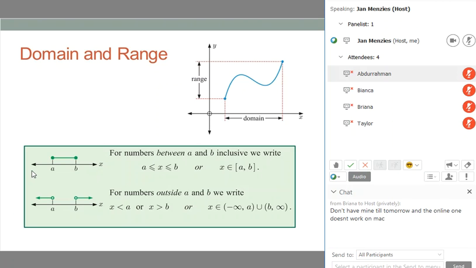Over here in the green box, the letter A is part of the domain, so a domain is the x values. Part A is included and part B is included. Does anyone want to talk about this one down here? I'll start with A. Is A part of the domain in the second one?